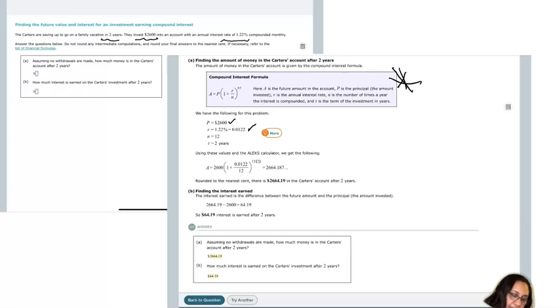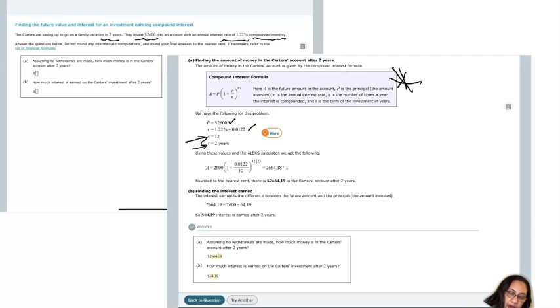And it says in the question that because it is compounded monthly, that's where we get the N of 12. So there's 12 months in a year. And then it's over 2 years.